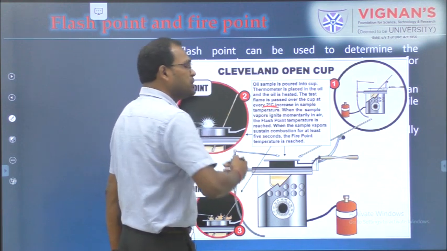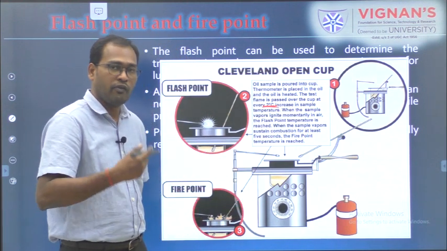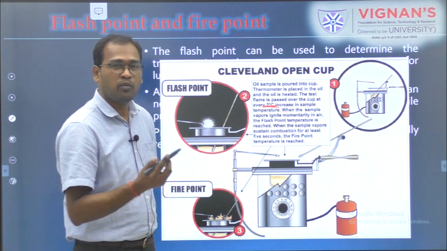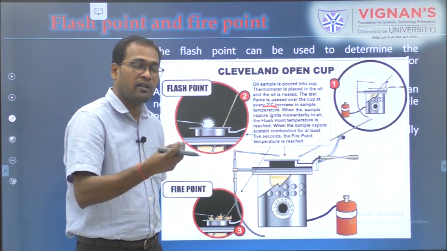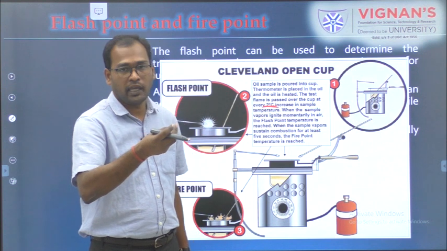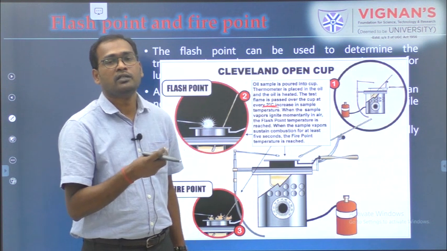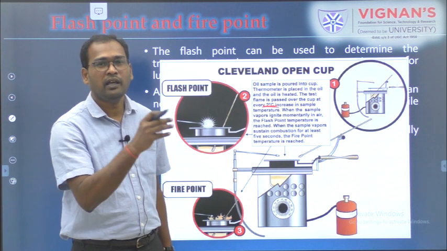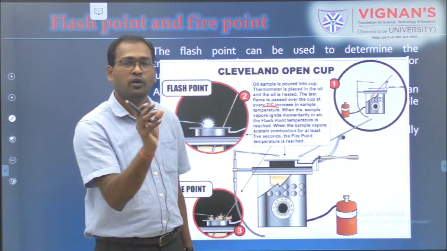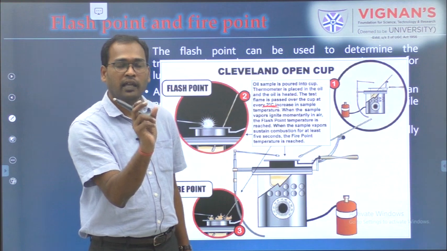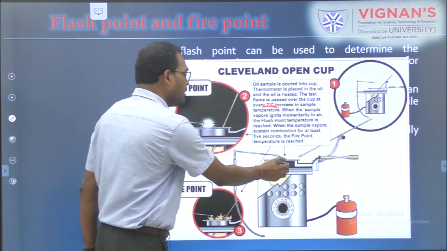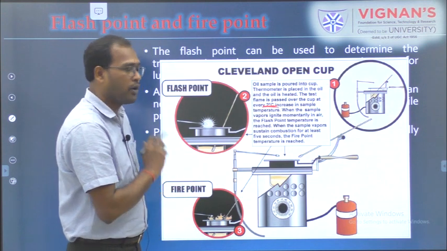If you keep increasing the temperature and more volatile materials are liberated, at one point the fire will stay for a few seconds, and that temperature is called the fire point. So flash point and fire point are only between the time up to which the fire can be sustained.